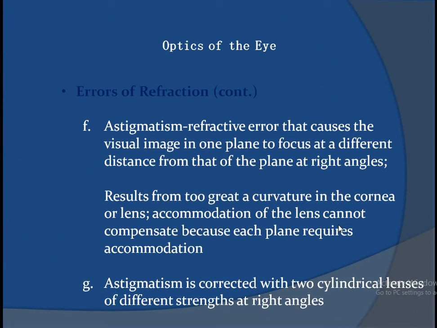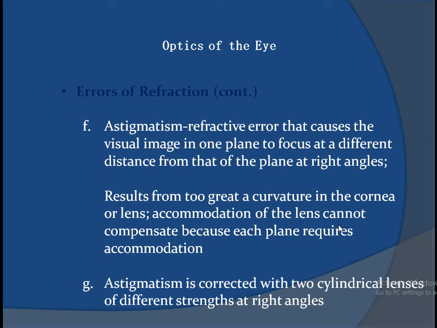Refractive error that causes the visual image in one plane to focus at a different distance from that of the plane at right angles. It results from too great a curvature in the cornea; accommodation of the lens cannot compensate because each plane requires accommodation. What is accommodation and how is it caused? It is another topic we will discuss later on.